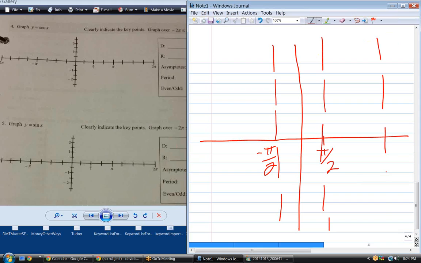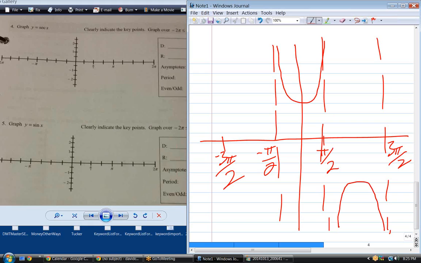And this one's 3 pi over 2. And that one's minus 3 pi over 2. And I said it's straddled. So it's got to go there, there, here.